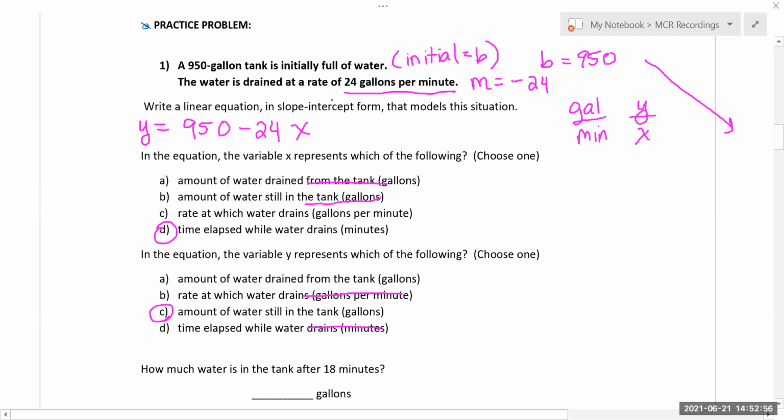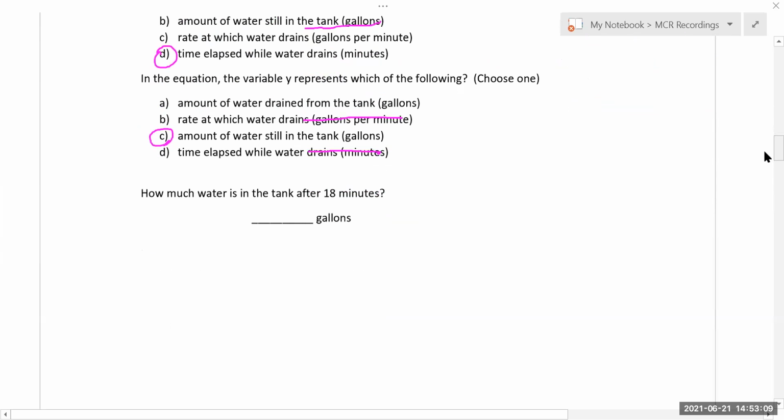It said we want to model the situation. So it's not the amount we've gained, it's the amount we still have in the tank after a certain number of minutes. So now we want to put something together and get how much water is still in the tank after 18 minutes. So we have our formula, y is equal to negative 24x plus 950, initial value and slope.